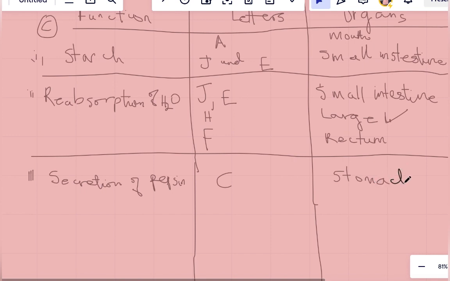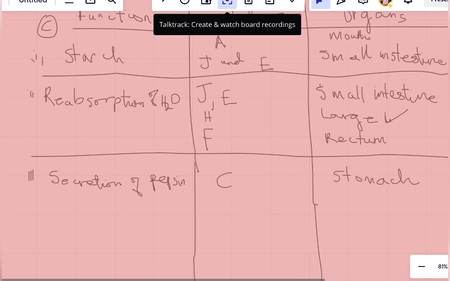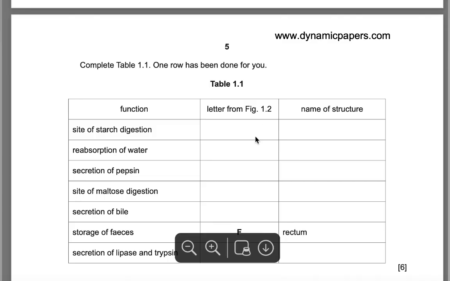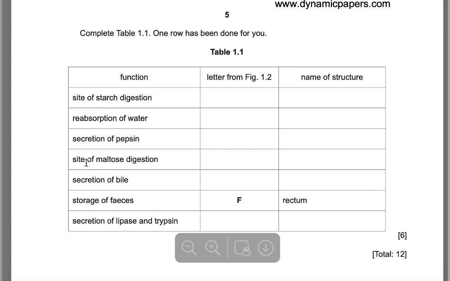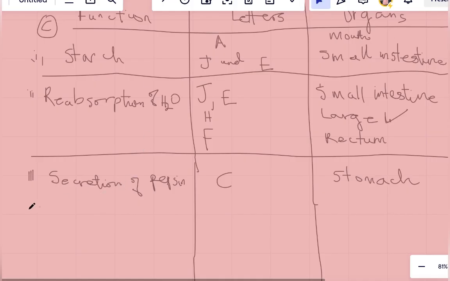Now let's see the next function they want us to deduce. The next function is site of maltose digestion. Site of maltose digestion, meaning where does it take place? Where does maltose digestion take place?